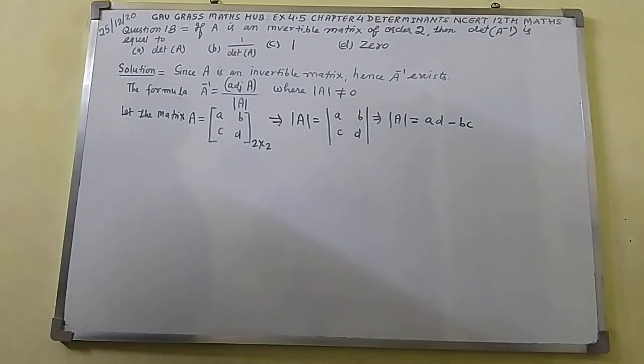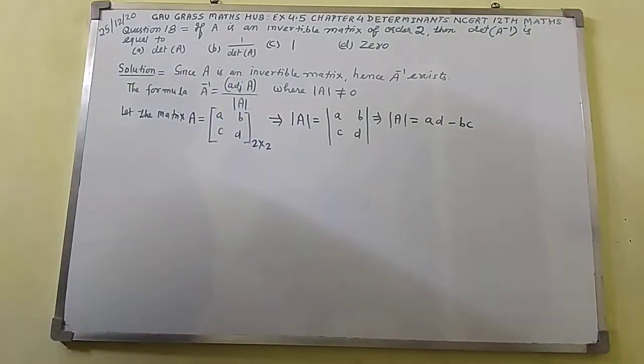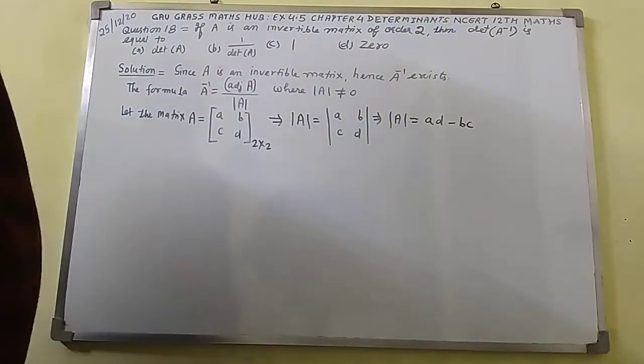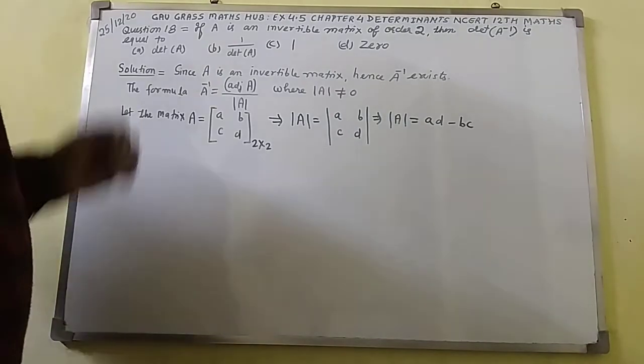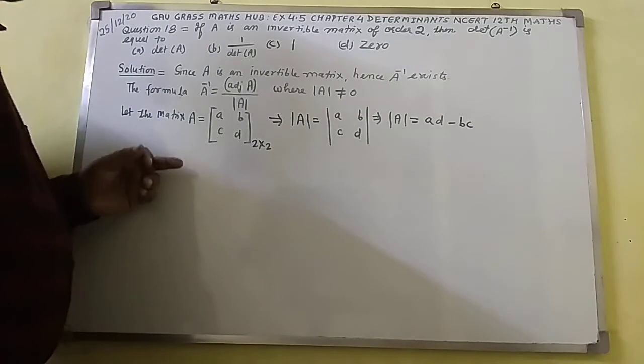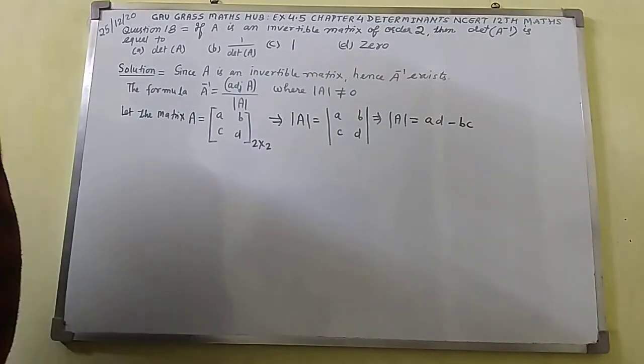Now what will we do next? Next you have to find the adjoint of matrix A. For the adjoint of matrix A, first you will get the cofactor matrix of matrix A. So each element in the matrix A will be operated for cofactor.